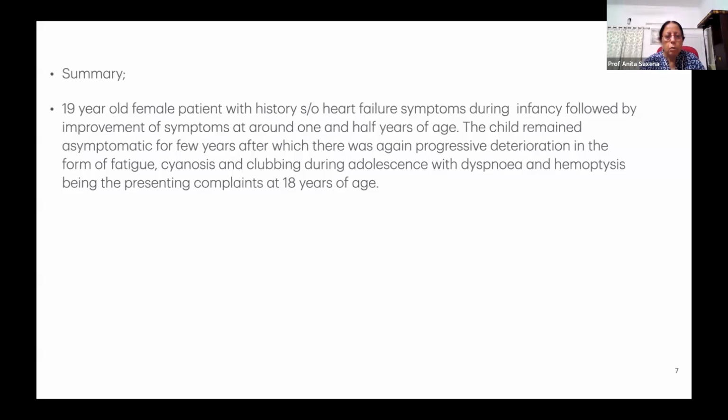Okay. So why do you say that there is a history of heart failure during infancy?